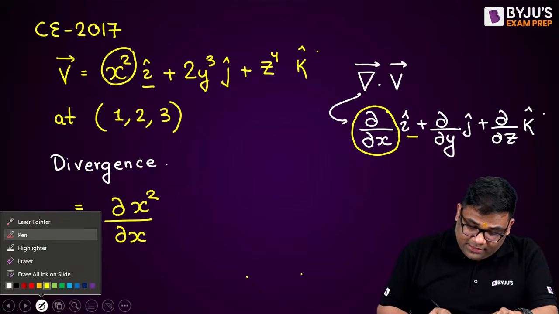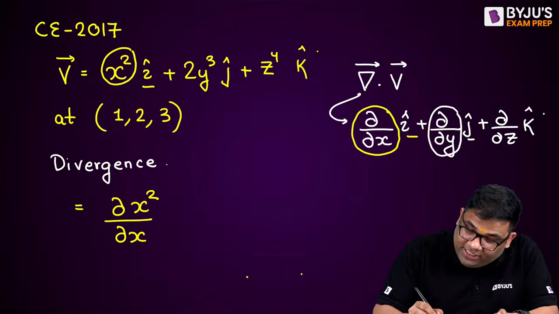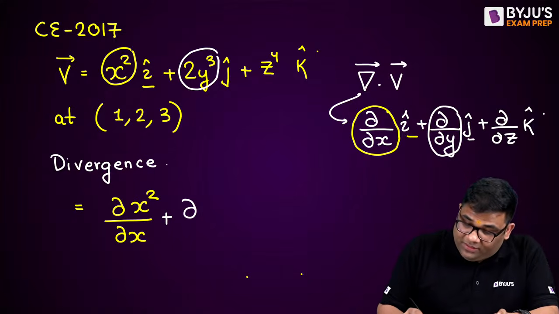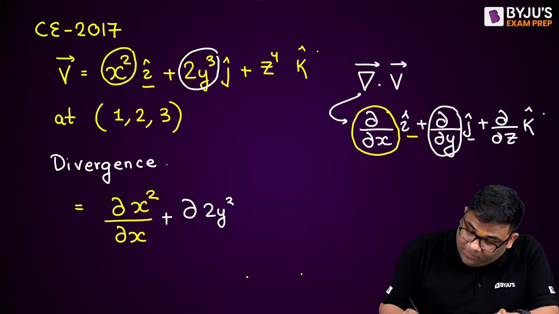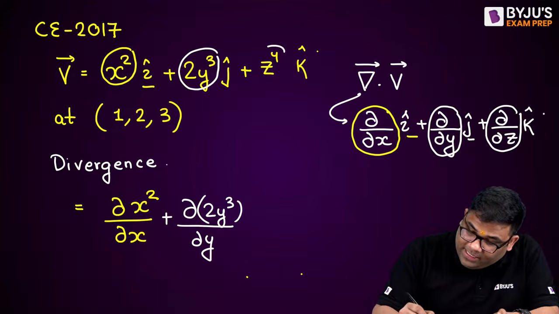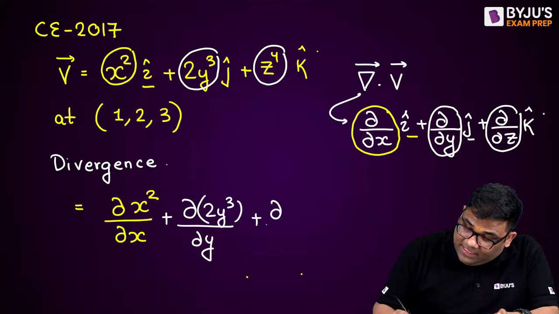Childhood you did. Then j and j: this will be the partial differentiation of 2y cube with respect to y. And then k dot k, so we multiply this, and take the partial derivative of this term with respect to z.